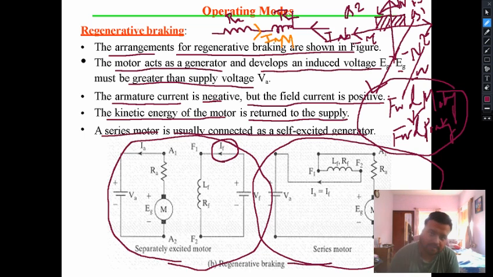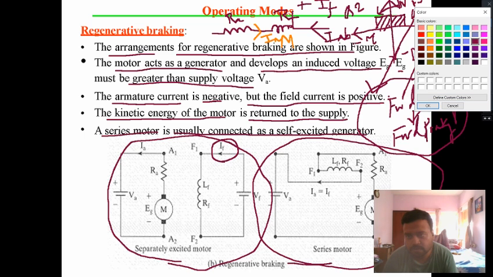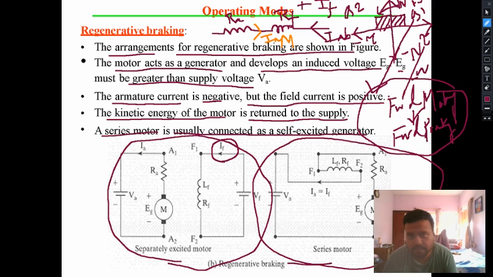And since the field circuit is in series with the armature circuit, the field current is also getting reversed, unfortunately, from plus IF to minus IF, which is not desirable. Your field current should remain unchanged. So in case of a series motor, the alteration has been made in this particular part.